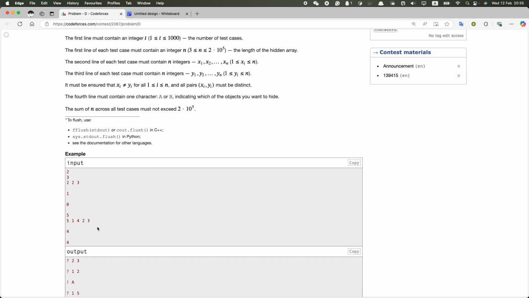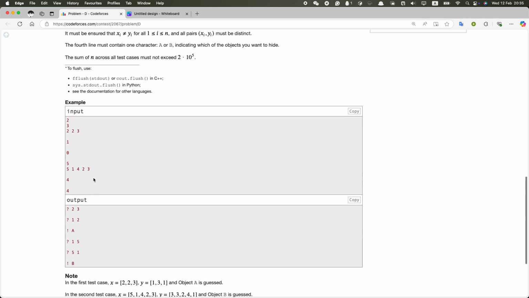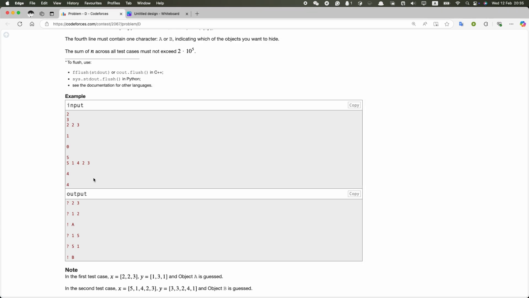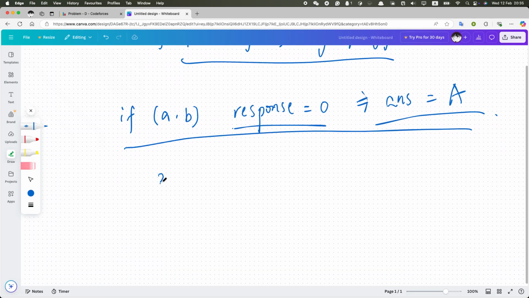After thinking, we can see in this case, 2 2 3. In this case, we can find we don't have 1, right?